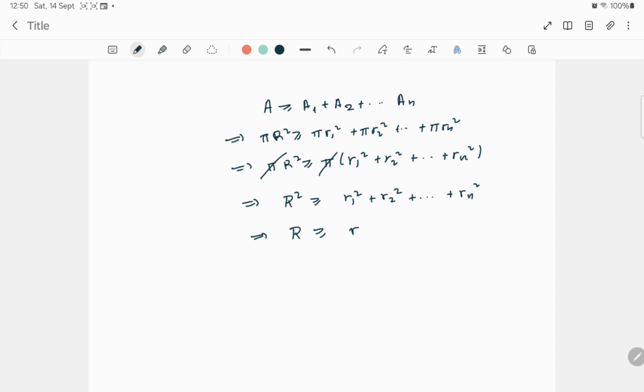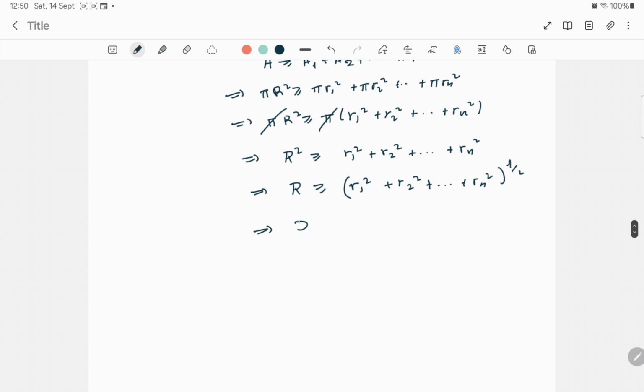I take the square root and I get this inequality. I can write it as the l2 norm.